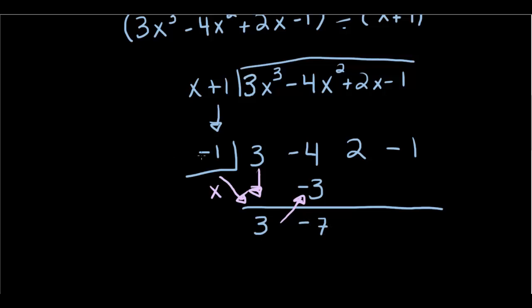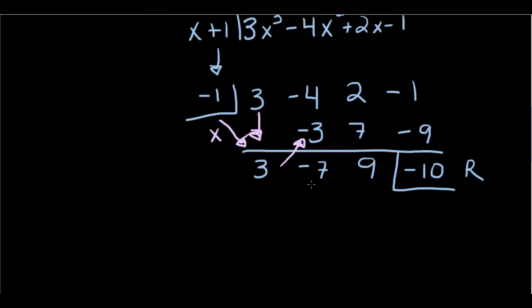Then we do the same with the next term. -1 times -7 is +7. 2 plus 7 is 9. We do it again. -1 times 9 is -9. -1 minus 9 is -10. The last term is the remainder.